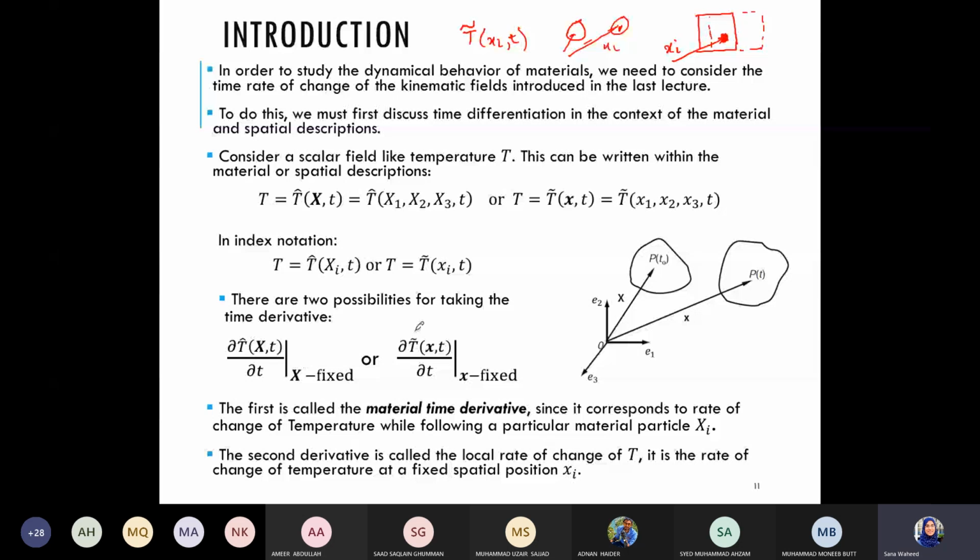Whereas when I'm looking at the spatial or local rate of change, then I fix myself at a position in space, and then I'm looking at the rate of change of the field at that fixed point in space.